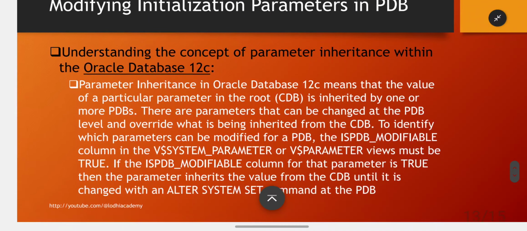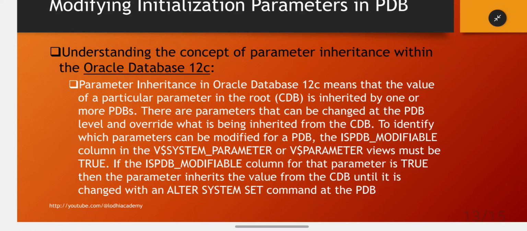Understanding the concept of parameter inheritance within Oracle Database 12c. Parameter inheritance in Oracle Database 12c means that the value of a particular parameter in the root CDB is inherited by one or more PDBs.